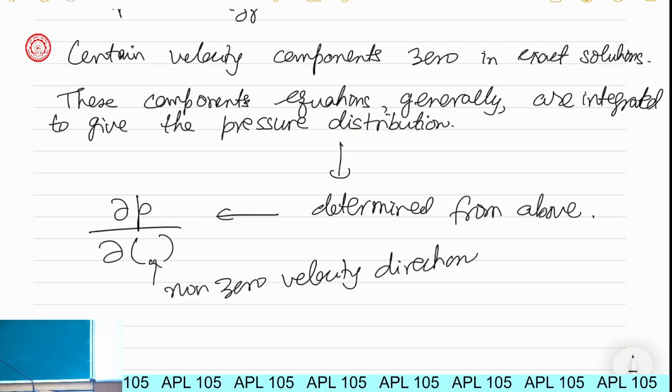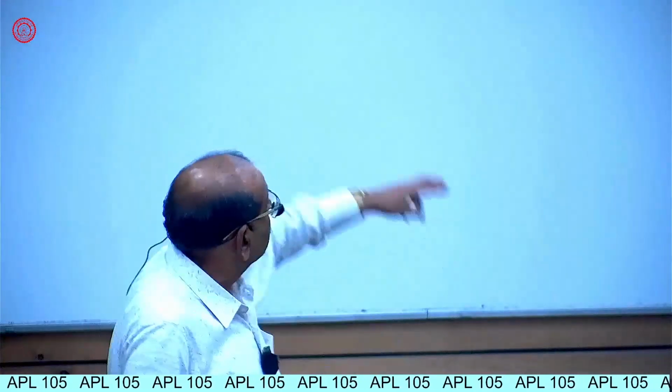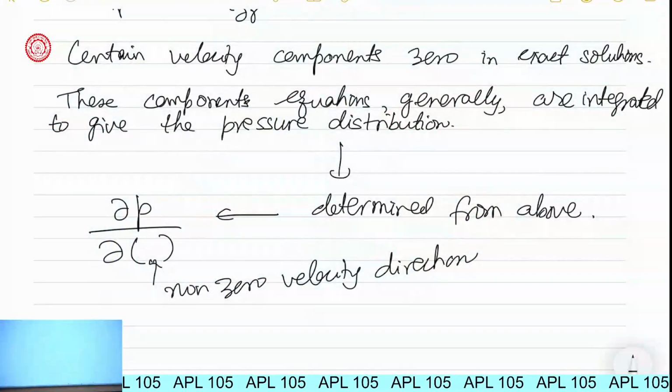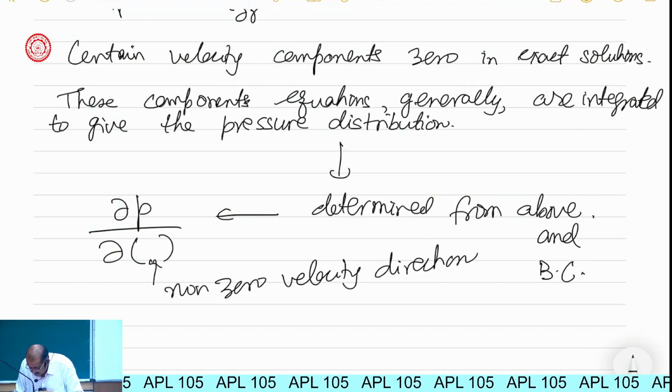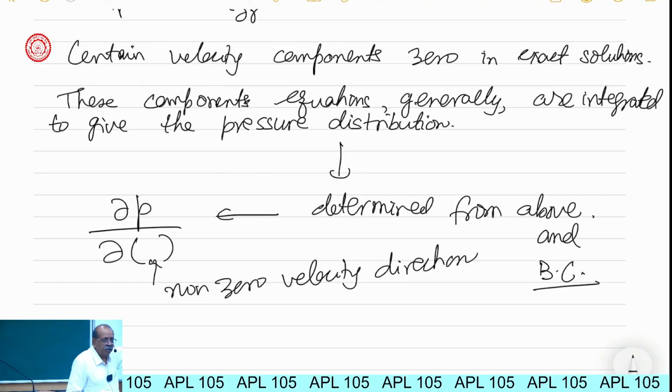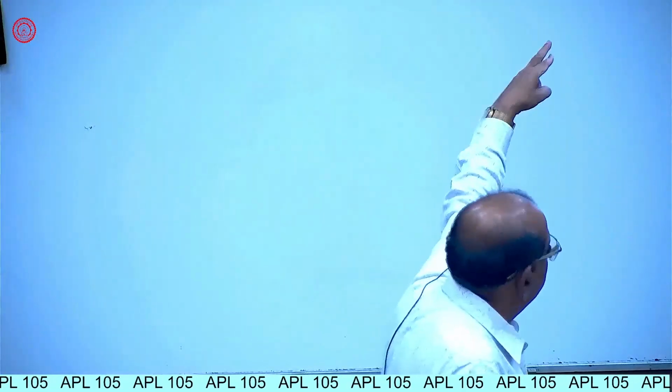So some idea of how the pressure changes in the non-zero velocity direction comes from the relation above and, most important, the boundary conditions. Those two things you will use to get the variation of pressure in the direction where the velocity is not zero.